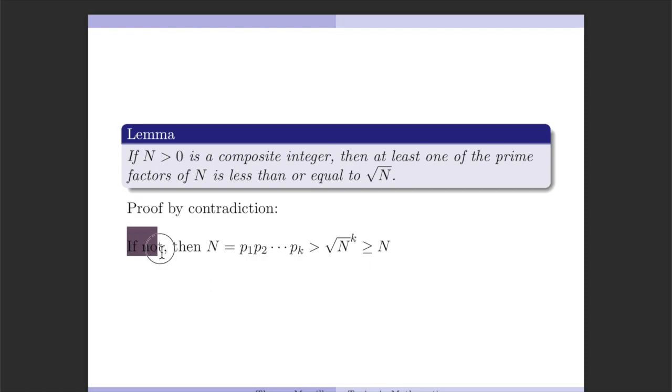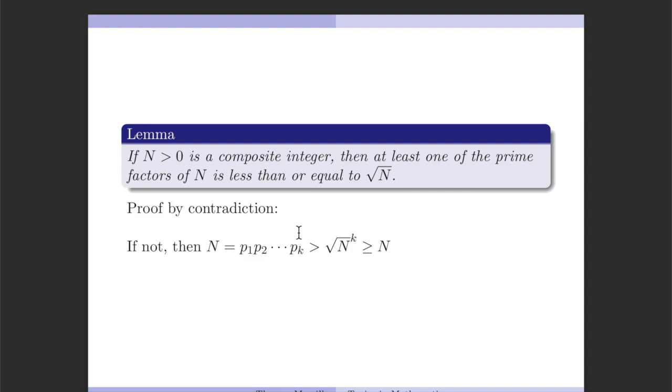So let's suppose that every single prime factor of n is greater than the square root of n itself. Then I can unwind this and say n has a unique prime factorization, prime number 1 times prime number 2, and so on. Let's say there's k of these factors.